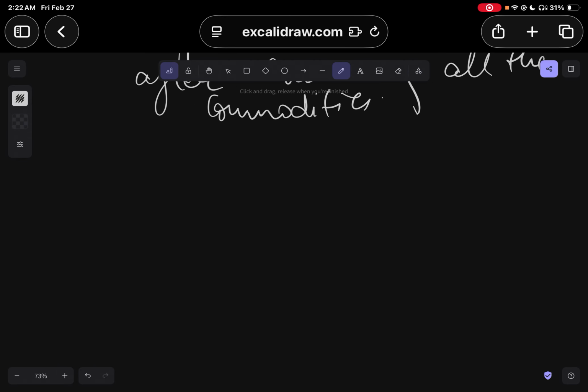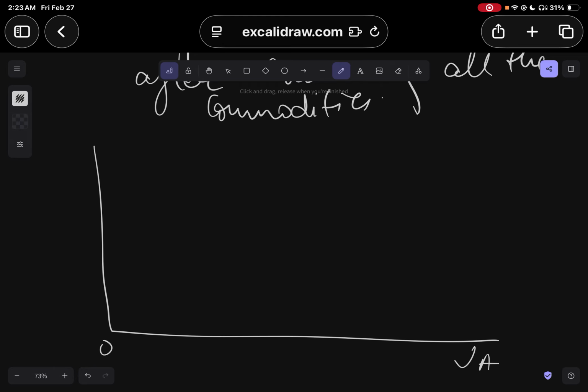So let me just draw it. It is a concave utility possibility frontier because of convex ICs. So UA, UB, and it will be something like this.